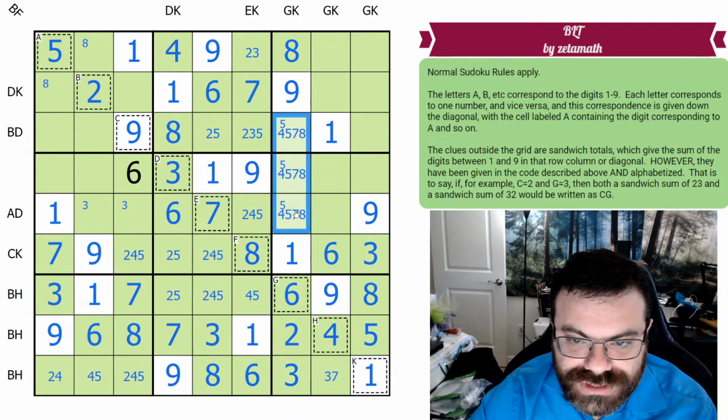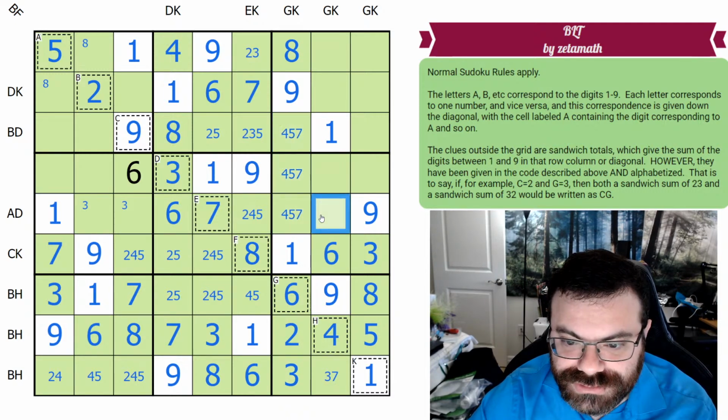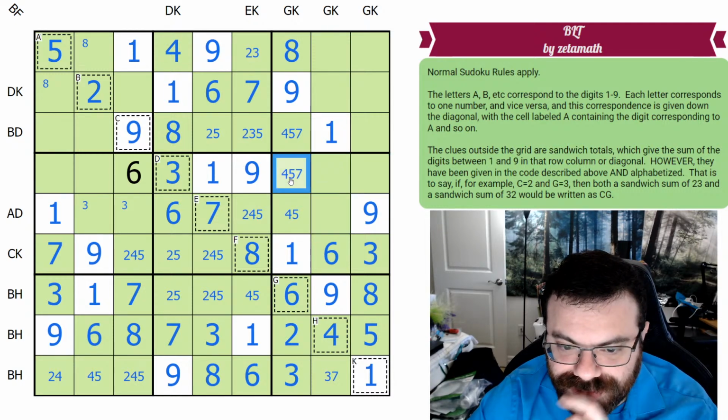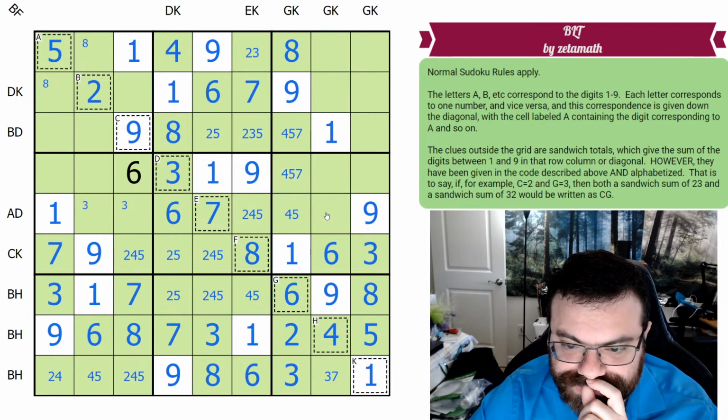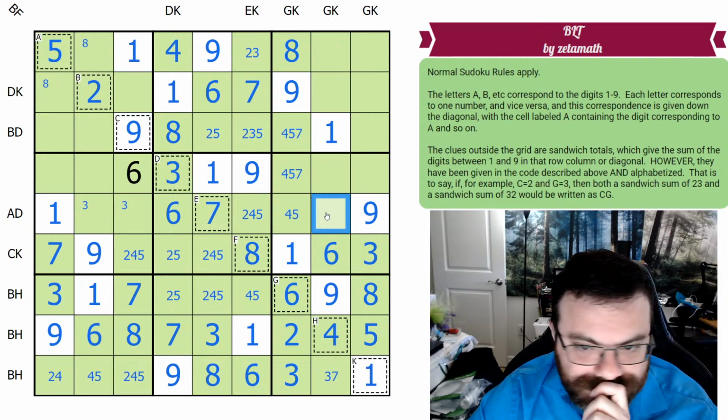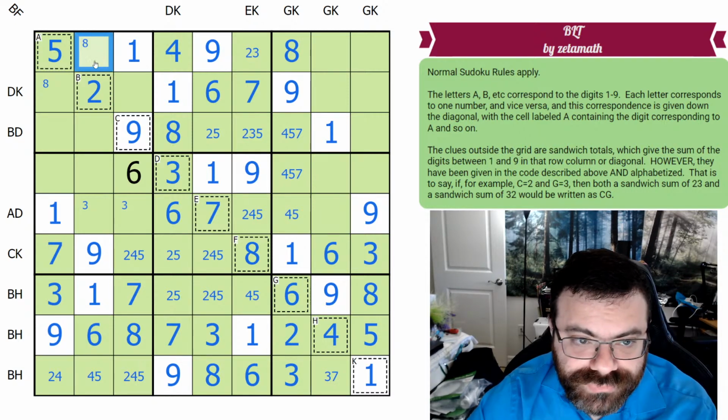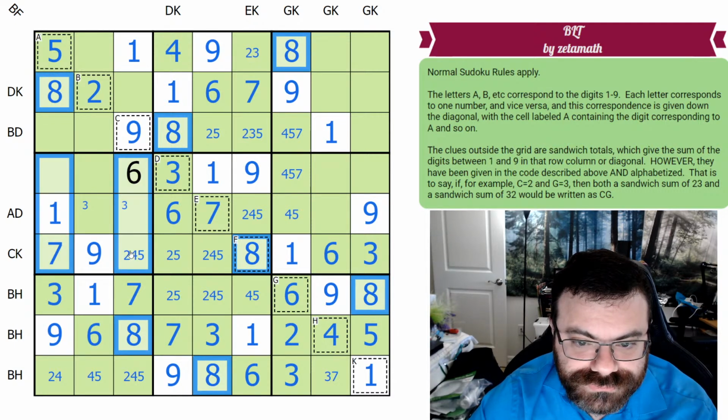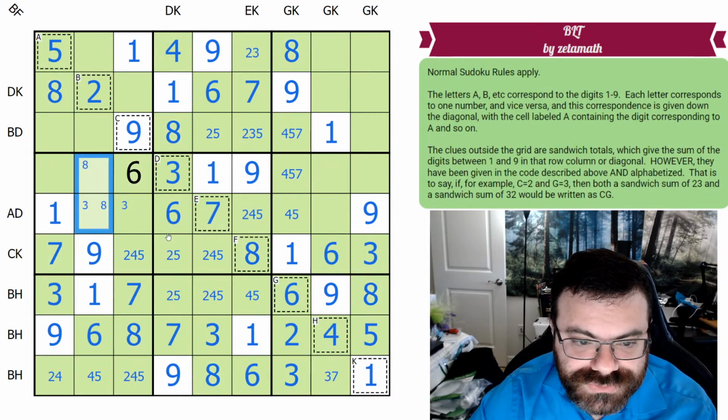That's not 3 or 8. 4, 5, 7. That's not 7. What's the rest of this box? We don't quite know. Places this 8. Got an 8 in one of these two.